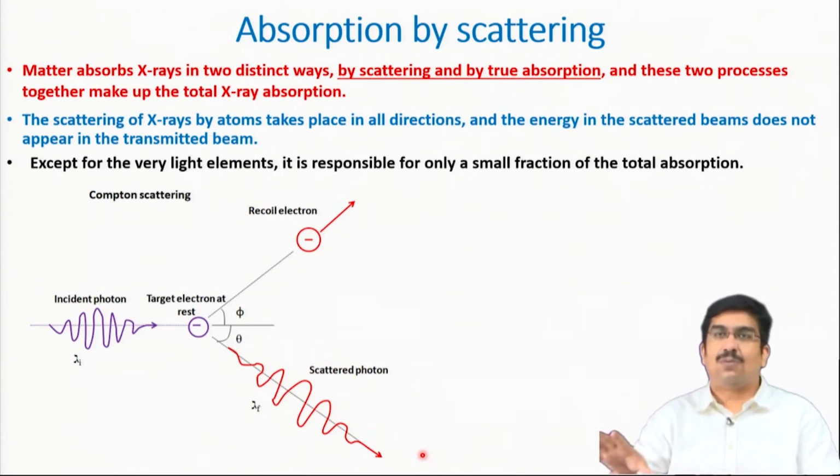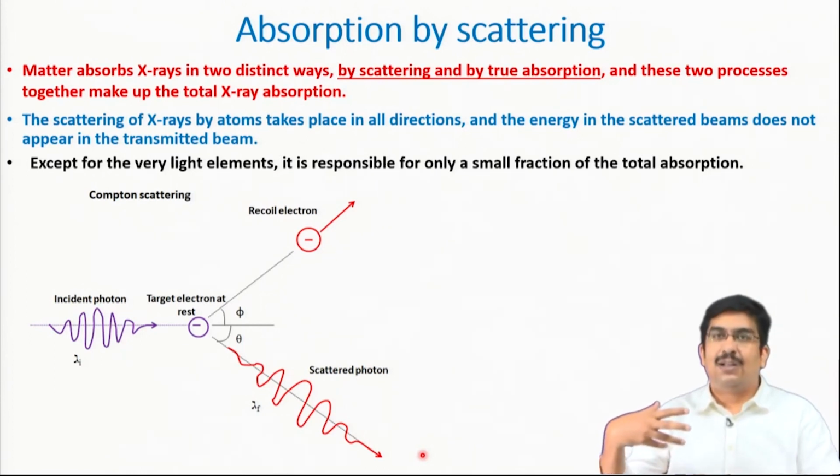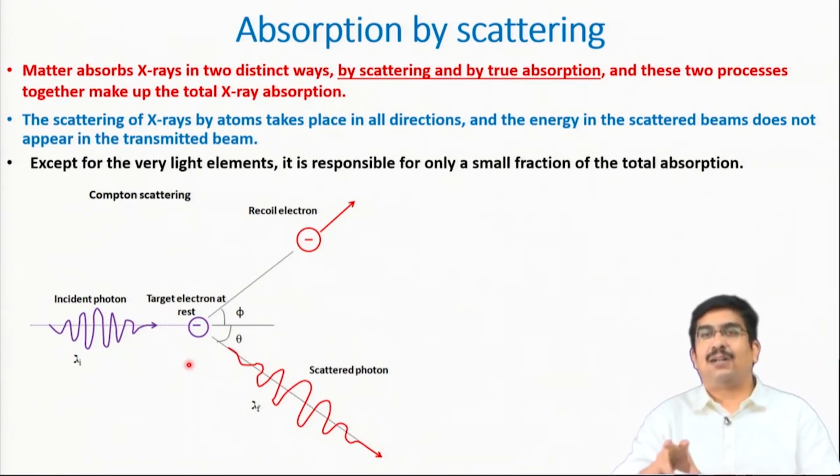So, whether it is a simple scattering or a diffuse scattering, or a diffraction or some other kind of inelastic interaction, that part of the energy from the incident X-ray is lost. So, that is not getting transmitted to this side. So, we can imagine that this is the incident photon, this is called Compton scattering.